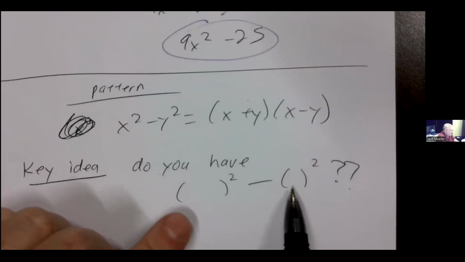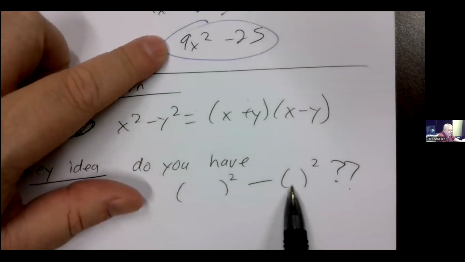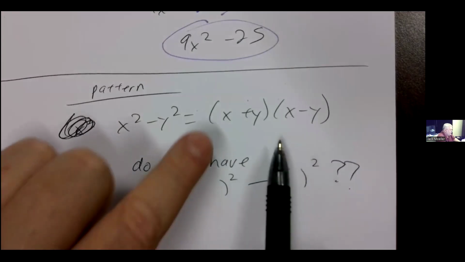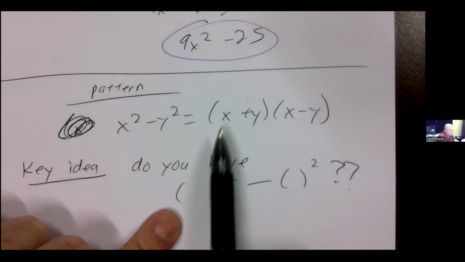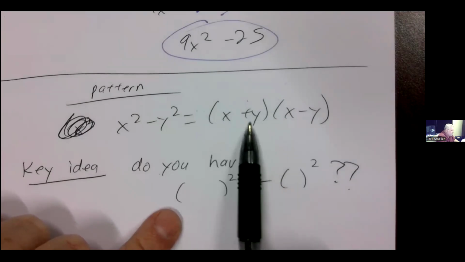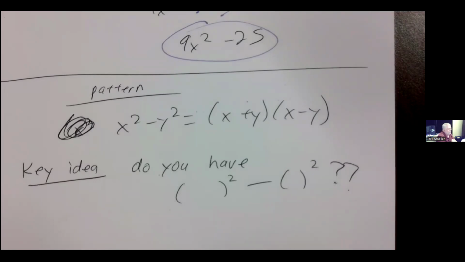But if you can find what's being squared to get those terms, you've done the bulk of the work, because once you find them, whatever is squared to get the first term goes first in your binomials. Whatever is squared to get your second term goes second in your binomials, and then you do plus minus, plus your choice. And so this is where the bulk of the work is for difference of squares problems.